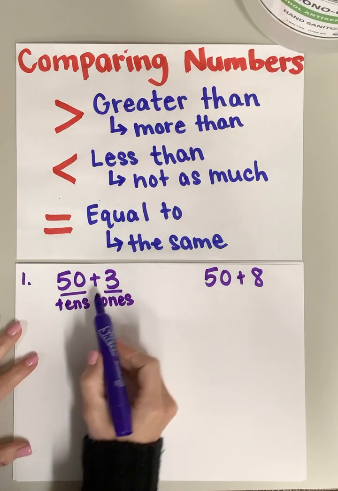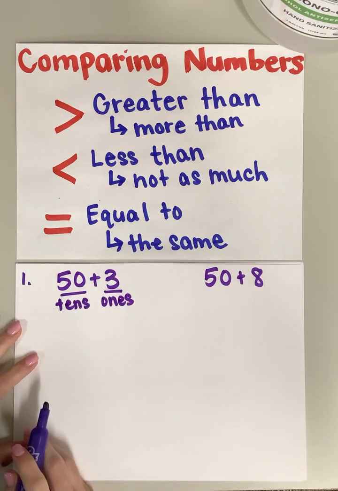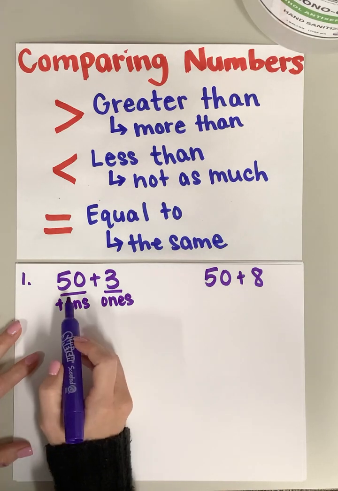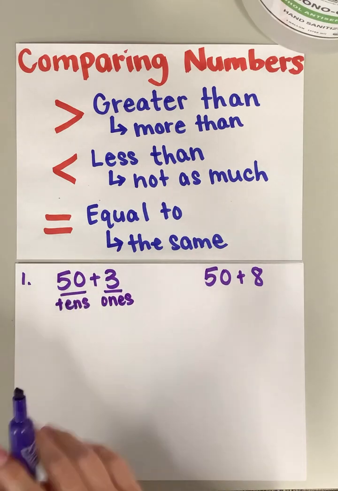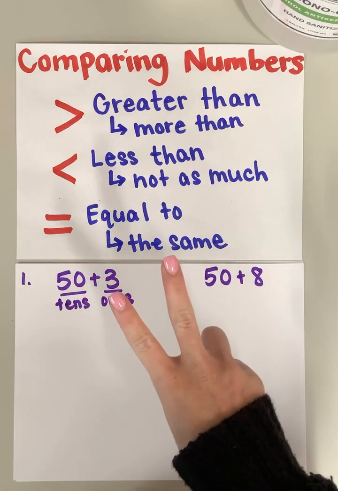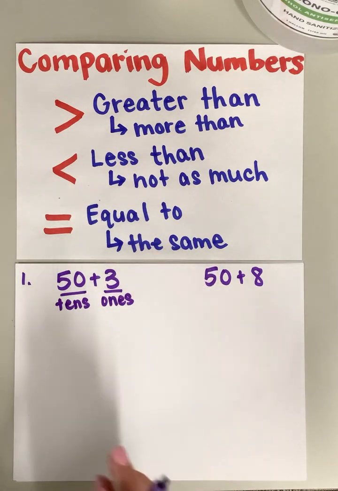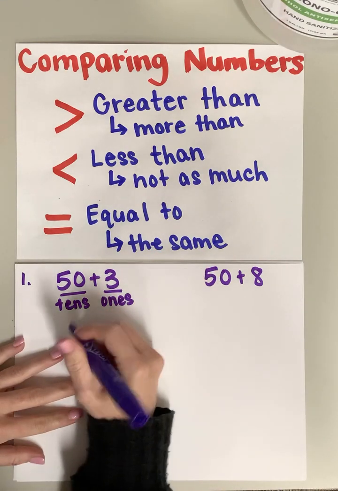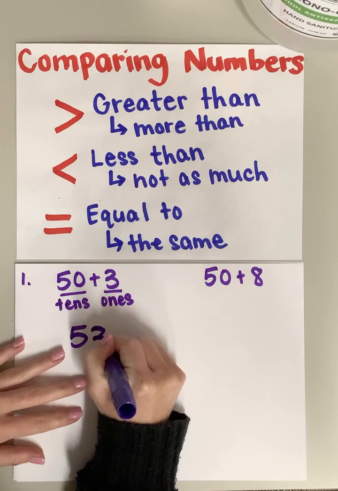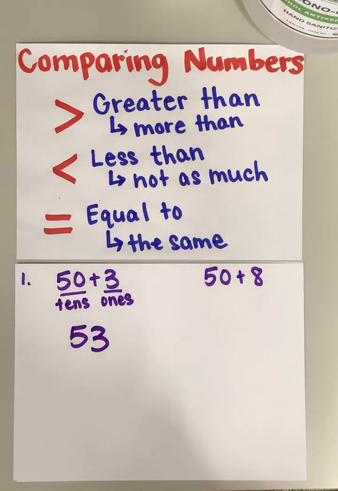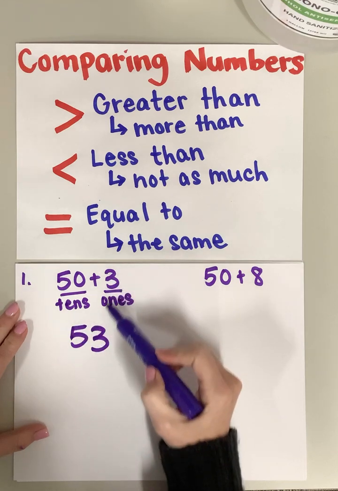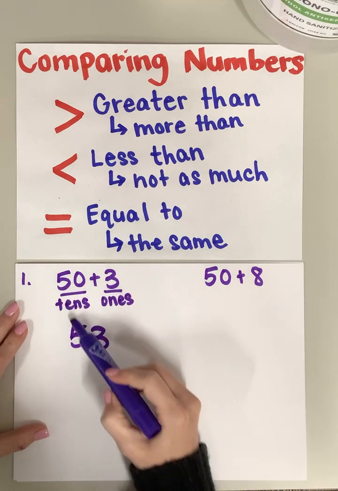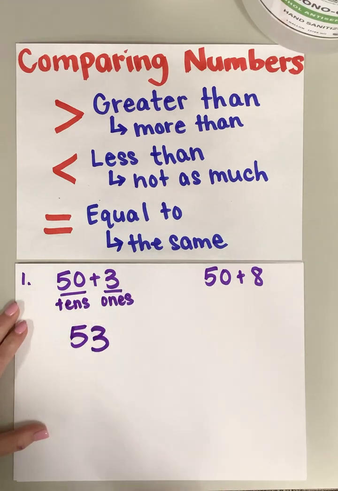What is 50 plus 3? If you can't remember, start at 50 and add on 3. 50, 51, 52, 53. I added on 3 to 50. My number is 53. Another way is I can bring down my tens and my ones. 5 in the tens, 3 in the ones.